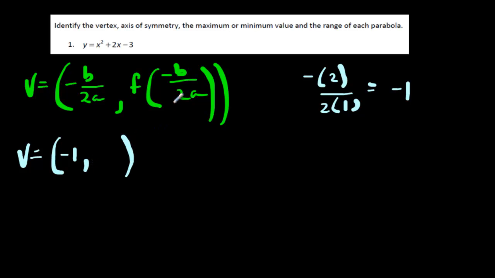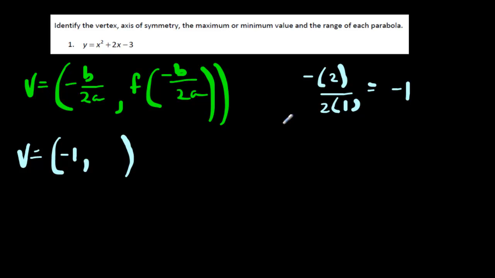To find the y-coordinate of the vertex, you have to take this value and plug it in for x. So basically you want to find the value of the function when x equals negative 1.